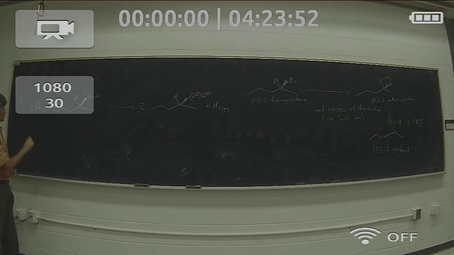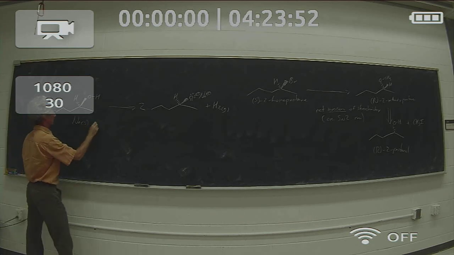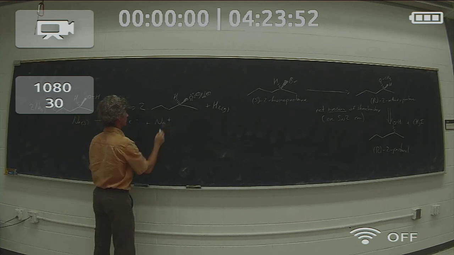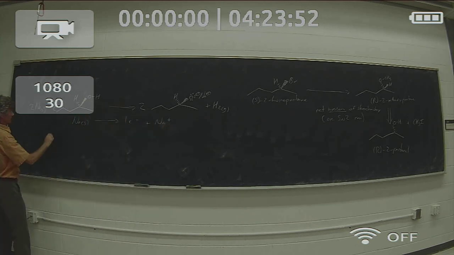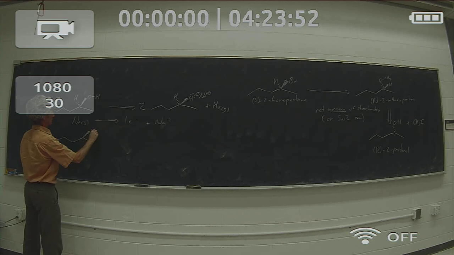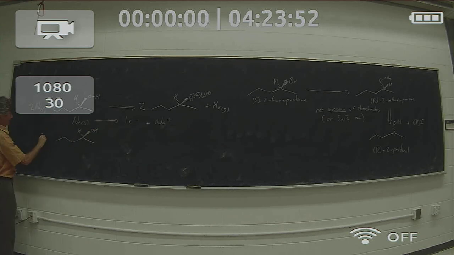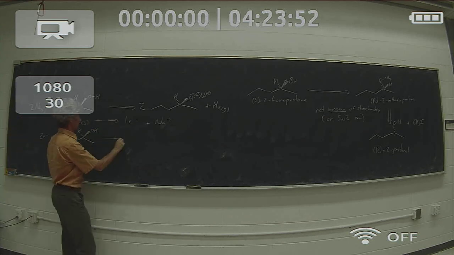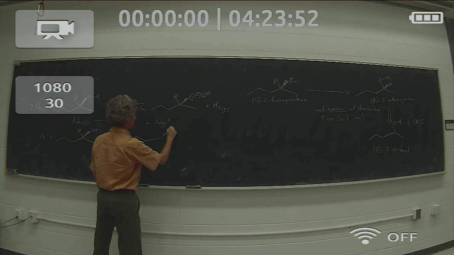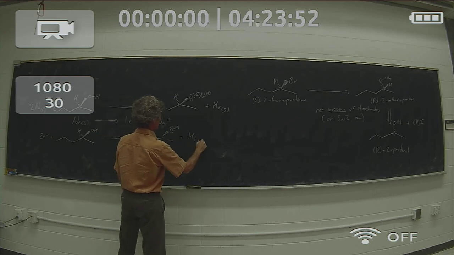We can develop that into half reactions by saying that sodium solid is going to give off an electron to become sodium plus, and at the same time, the alcohol is going to gain electrons to form the alkoxide and H2 gas.